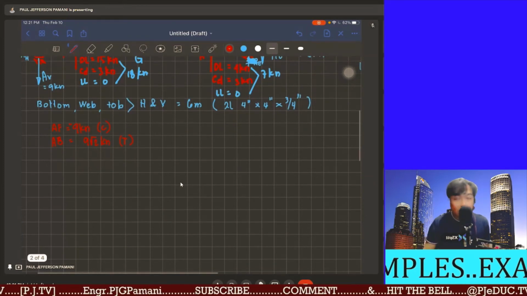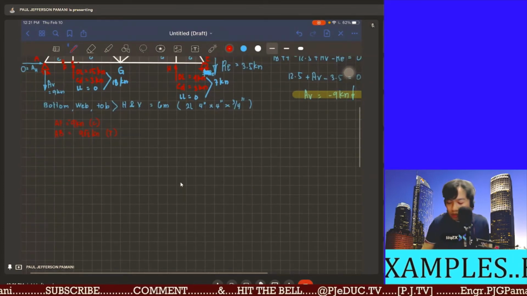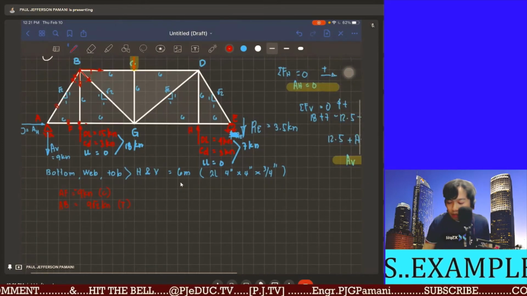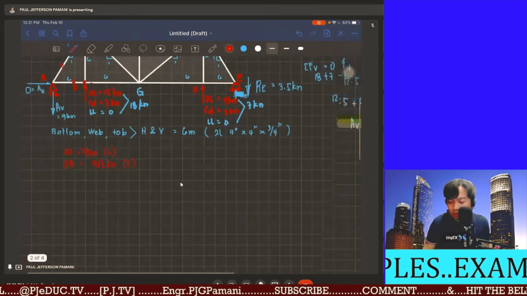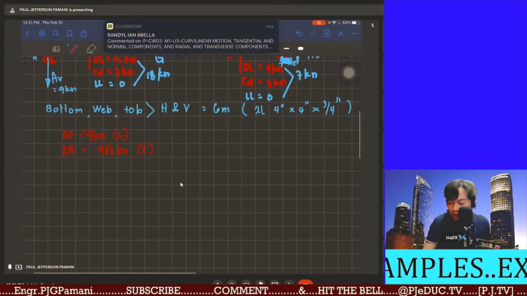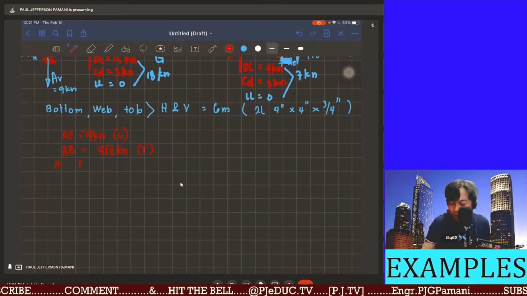Note again, our problem is random. You might say, sir memorized his example too much. No, this is random. You gave the members, you gave the load, then the distances. So we can move on to joint F.